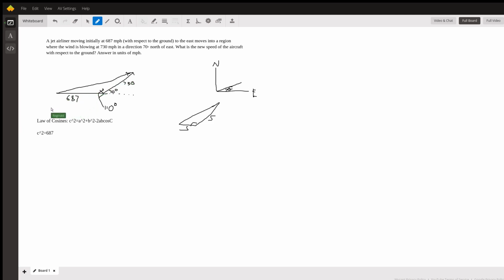c squared is 687 squared plus 730 squared minus 2 times 687 times 730 times the cosine of 110 degrees.